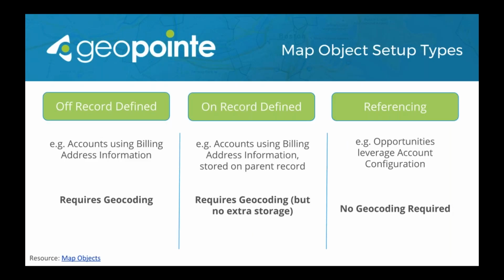So with the geocoding process, how it gets stored in your Salesforce environment depends on what type of map object setup you choose. Our default typical setup is off record. What off record does is it gets the geocode information and it writes it into a separate object that is linked via a lookup field.